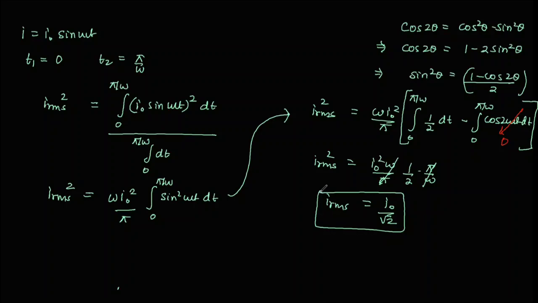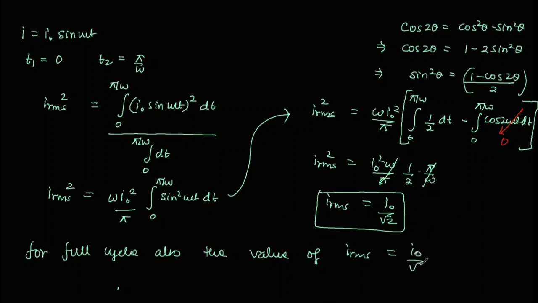If you solve for the full cycle also, the RMS value remains the same. For the full cycle also, the value of I RMS is going to remain unchanged; it will still turn out to be I naught by root 2.